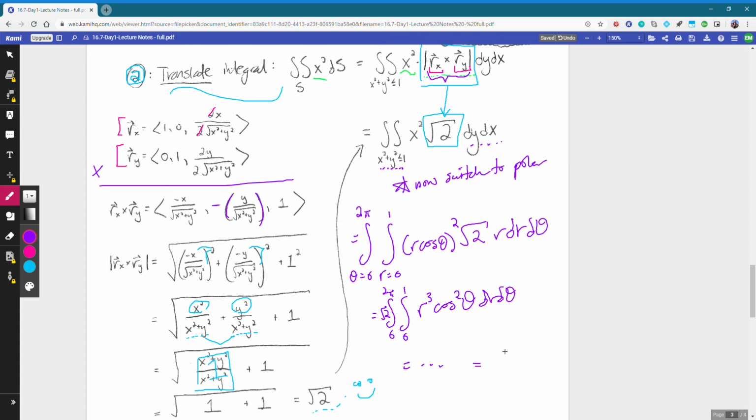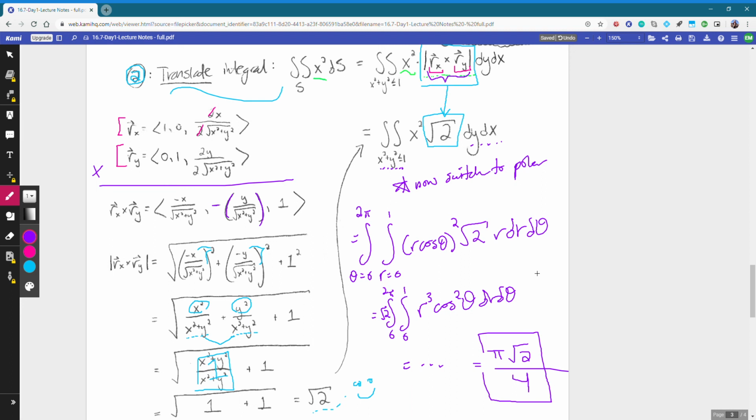Okay, it is the lovely pi root 2 over 4. That fraction got a little bit out of control. All right, so that's the finish line for that integral.